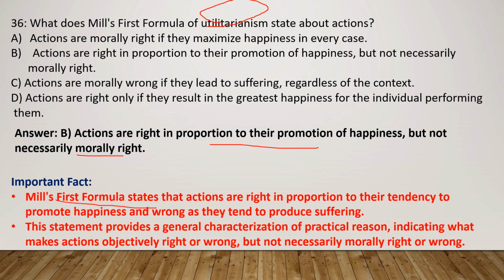Mill's first formula states that actions are right in proportion to their tendency to promote happiness and wrong as they tend to produce suffering. This statement provides a general characterization of practical reason, indicating what makes actions objectively right or wrong, but not necessarily morally right or wrong.